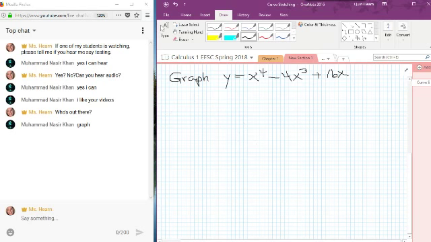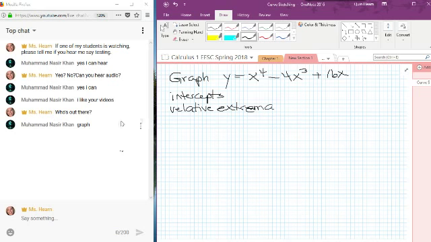And we're going to use the first and second derivatives to do it. We're going to include any intercepts that we can find. We're going to include any relative extrema, meaning where the graph changes from increasing to decreasing. Points of inflection, meaning where it changes from concave up to concave down.